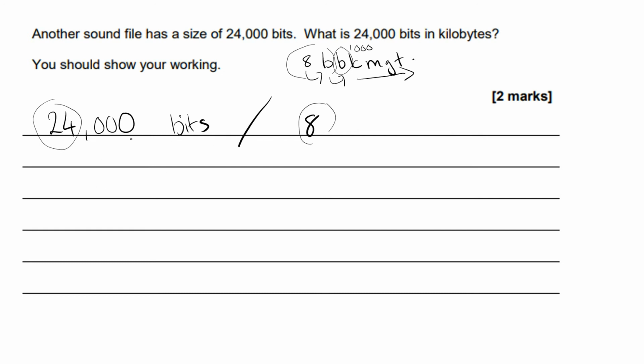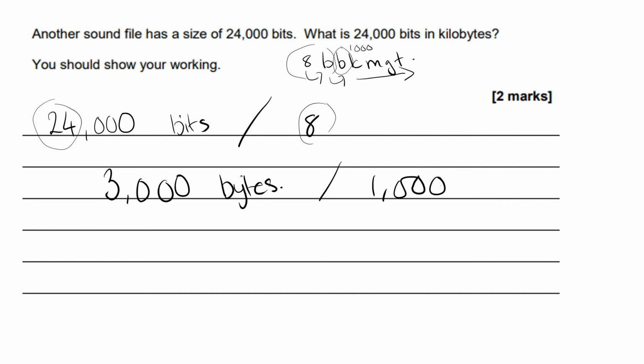So 24,000 divided by 8 is 3,000 bytes. So that's the first part of our calculation. And then bytes into kilobytes, we have to divide by 1,000.